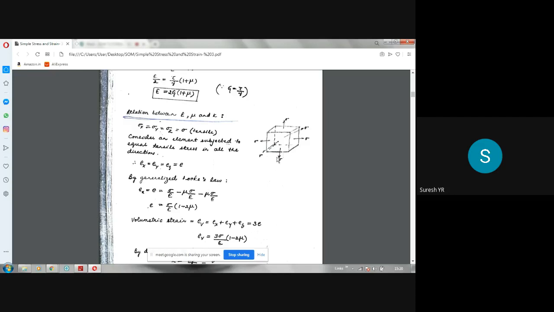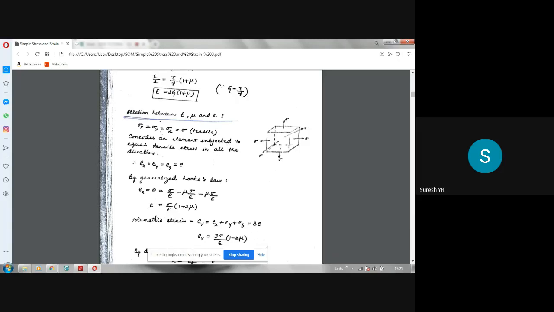Its effect in the x direction is compression. Therefore minus mu times sigma, the stress in the z direction, divided by E. So this is the expression for the strain in the x direction when all the stresses are equal. Now if you simplify this, taking sigma by E common, you will get sigma by E into 1 minus 2 mu.